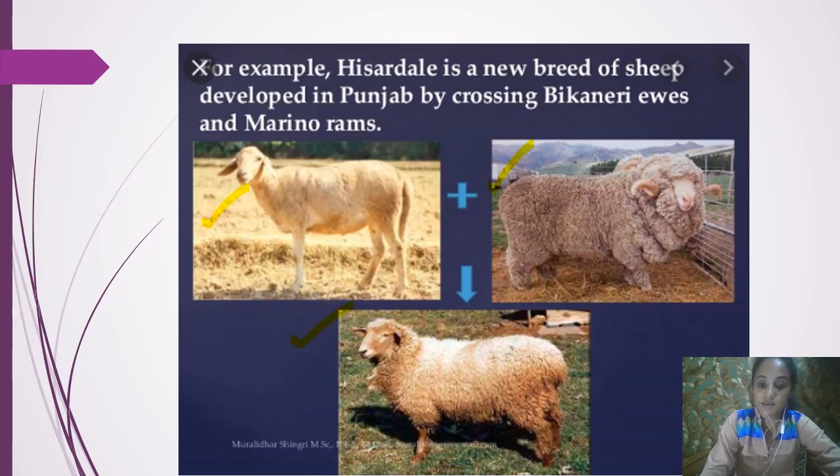So you can see why we are crossing a sheep, for getting a good quality of the wool that we extract from the sheep. Okay, so this is a crossing that we are showing here. Even in your NCERT book, this example is there. That is a new breed of the sheep. This is called Hisardale, and that has been developed by crossing Bikaneri ewes and Merino rams. Okay.